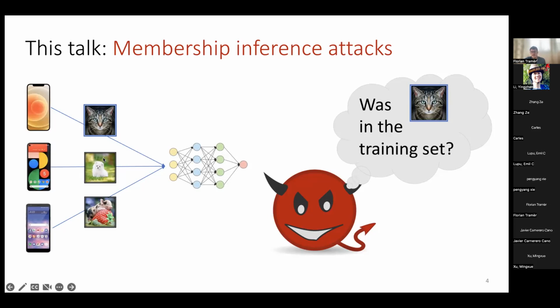This is in a sense the simplest possible privacy attack you can think of, where the adversary is given a trained model and some input, here this image of a cat, and the question that the adversary would like to answer is simply whether this input was in the training set or not. So they try to learn one bit of information, the membership of this specific input in the training set. And so this is a very simple attack that leaks only a single bit of information.